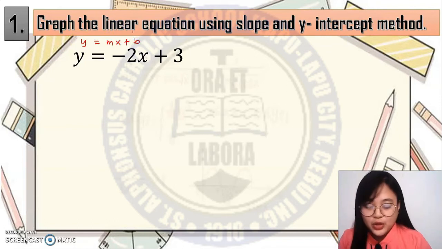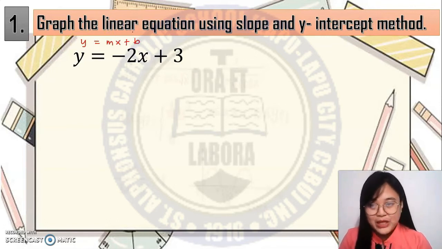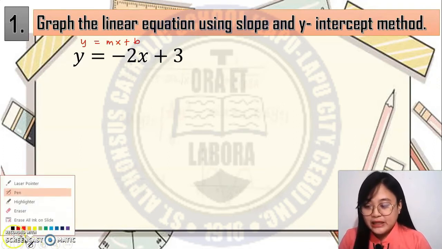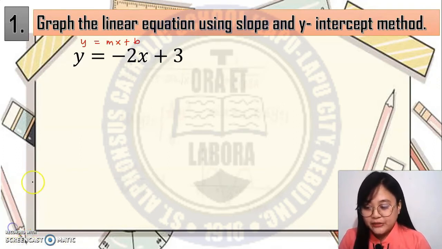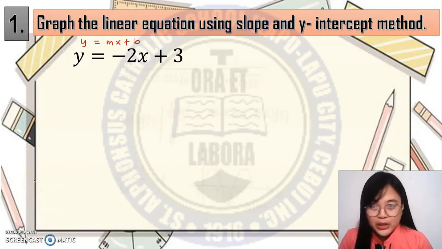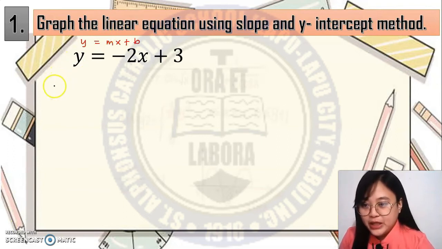And after a thorough analysis, we determine that it is already in slope-intercept form, so the next thing you need to do is identify your m, or your slope.